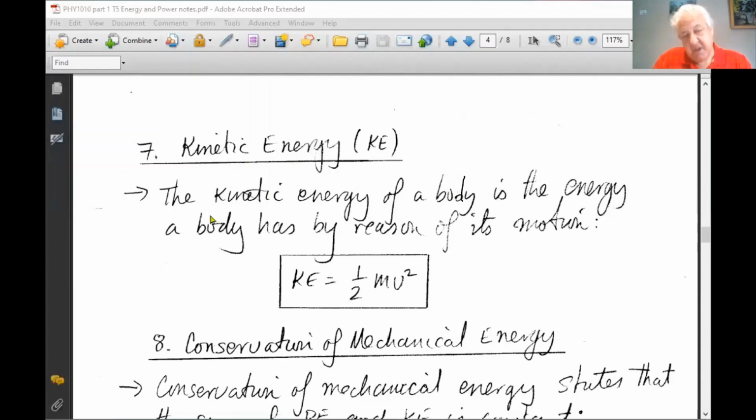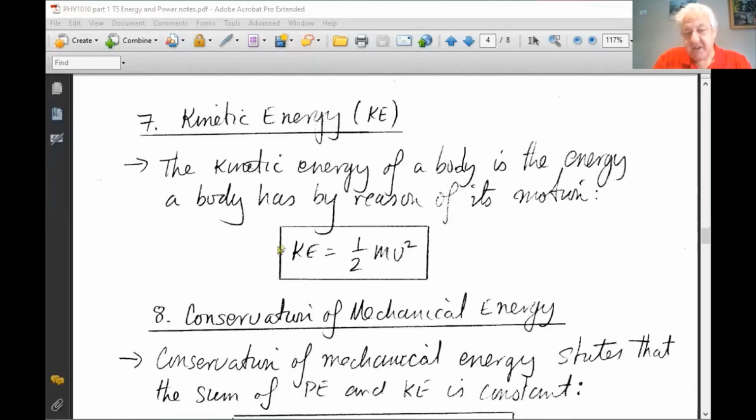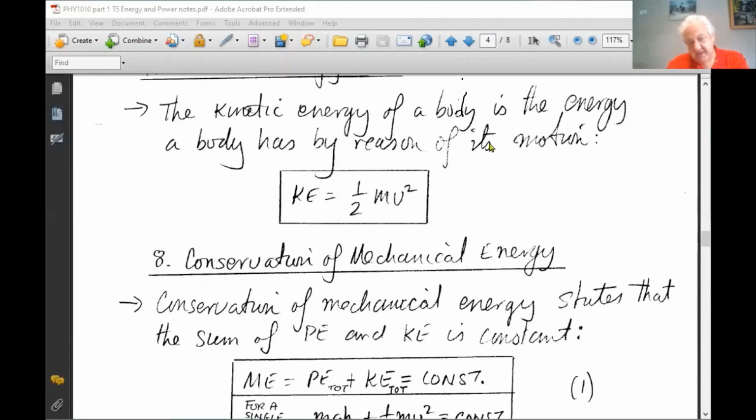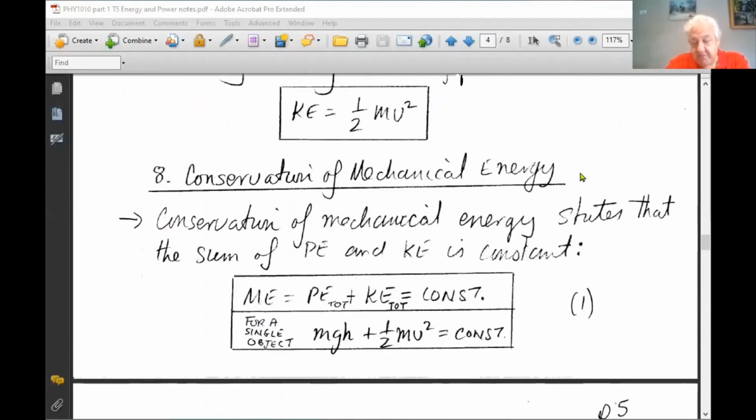Now, kinetic energy is energy by reason of motion. The kinetic energy of a body, so that B should be a D, is the energy a body has by reason of its motion. So this is energy possessed by a body because it is moving. And it's given by a formula you all know, a half mv squared. Now we come to the important subject of conservation of mechanical energy.